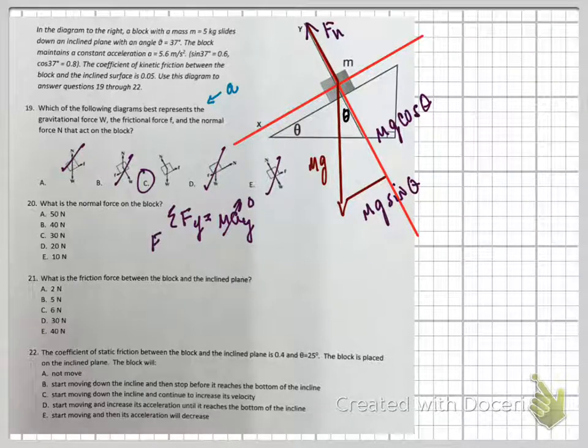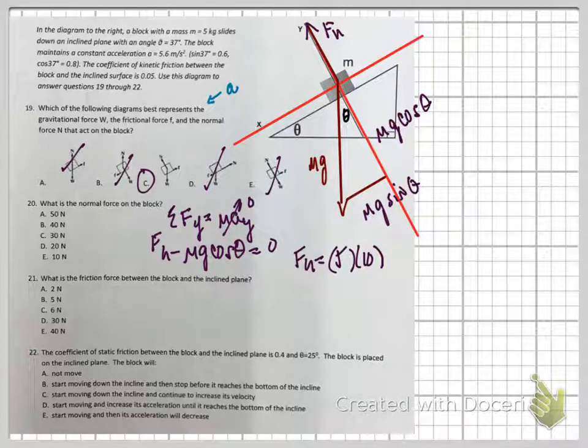So we have Fn minus mg cosine theta equals 0, or Fn equals mg cosine theta, equals 5 times 10 times the cosine of 37, which is 0.8. And it looks like we have 40 newtons.